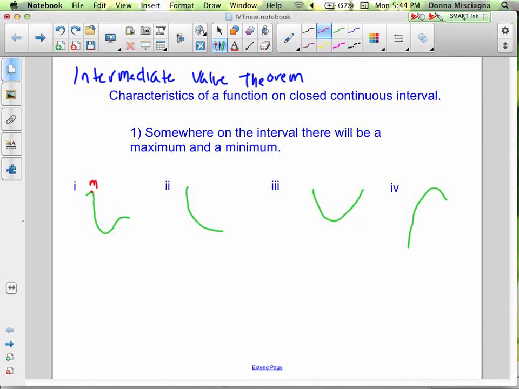Right? So there we have a maximum, and by the way, I'm looking for global max and mins in this particular case. So there is a maximum, and then right here would be our minimum, and here would be our maximum, and here's the minimum, and I would say these two are probably equal.